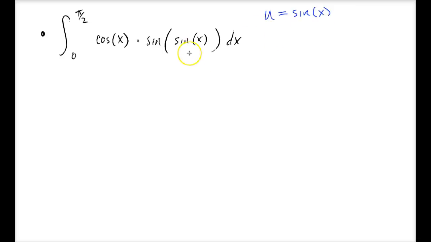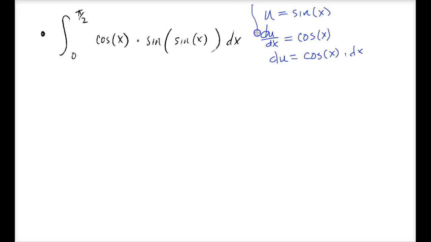Now, it makes sense because we know that the derivative of sine x is cosine x. So here we know we have a way to replace at least cosine x dx. And since sine x is actually being used as a variable for its outer function, sine, we're in good shape here. So let's say du over dx is equal to cosine of x, which means that du is cosine x dx.